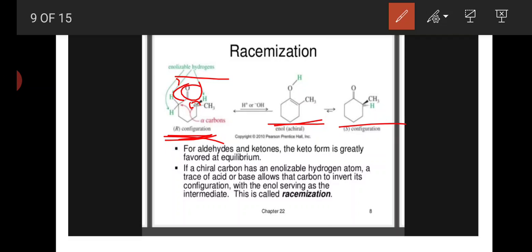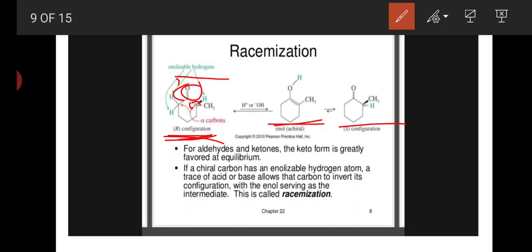For aldehydes and ketones, the keto form is greatly favored at equilibrium. If a chiral carbon has an enolizable hydrogen atom, a trace of acid or base allows that carbon to invert its configuration with the enol serving as an intermediate.